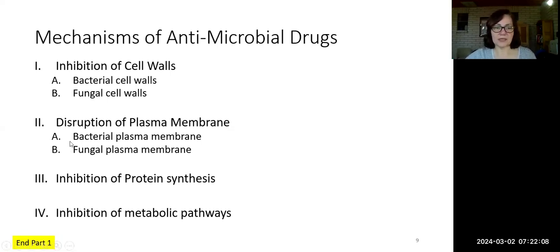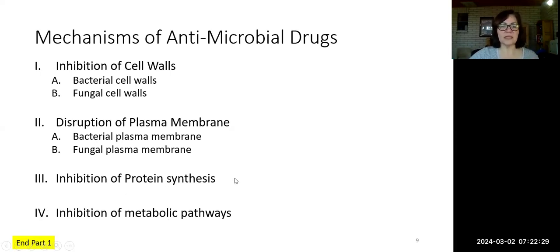We'll look at disruption of the bacterial plasma membrane, and the one example was the polymyxin. And then we'll talk about the fungal plasma membrane. And there are a couple of different kinds of drugs that can target that. Then we'll move on to inhibition of protein synthesis and inhibition of metabolic pathways.